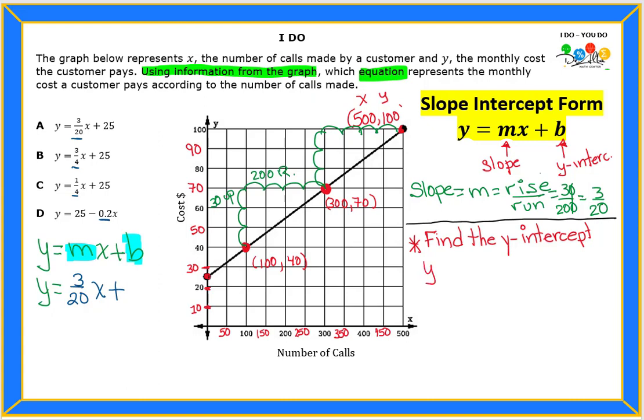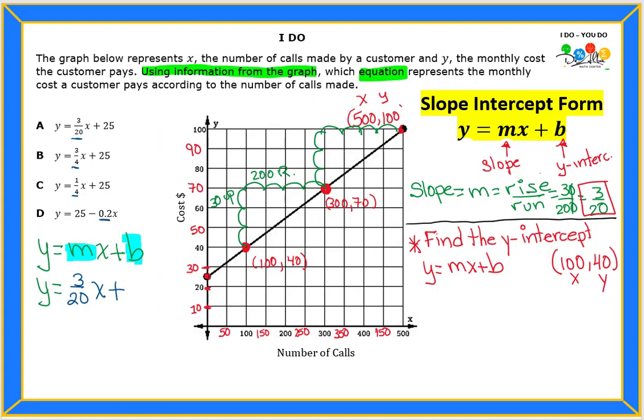The equation that I'm gonna use, of course, is the slope-intercept form, which is y equals mx plus b, where m is the slope that I found earlier, which is right here, and x and y will be a given point, and my point that I'm gonna choose is gonna be 100, 40. You can choose any point you want, it won't matter.